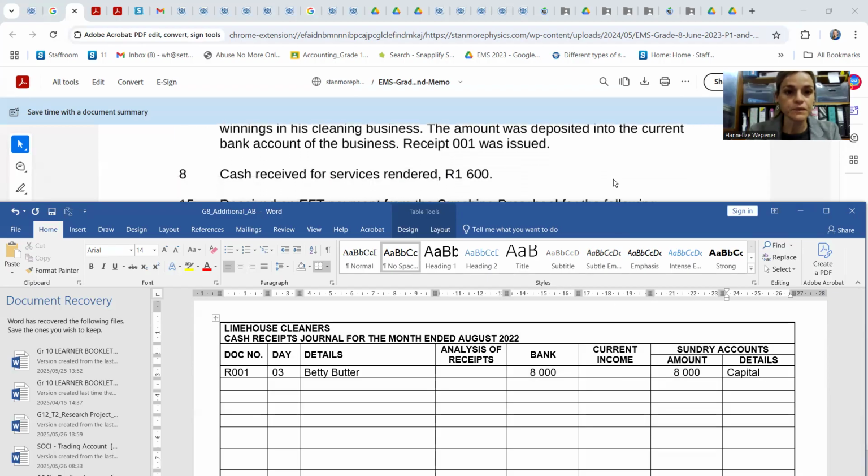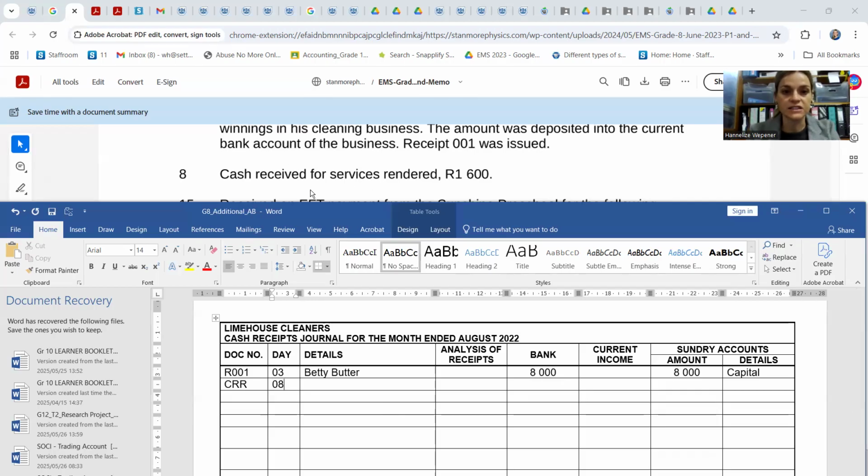Next up, on the 8th of August, we received 1,600 Rand cash for services rendered. So services rendered means that at your business premises in your till, you now received this money. Therefore, source document CRR. Then the day is the 8th.